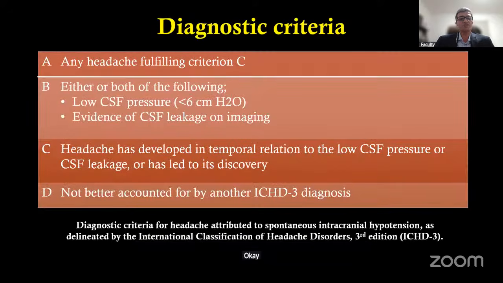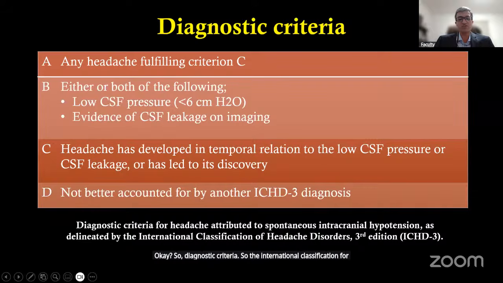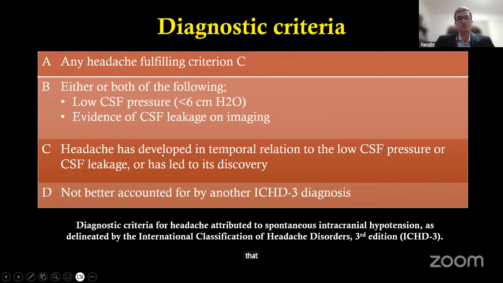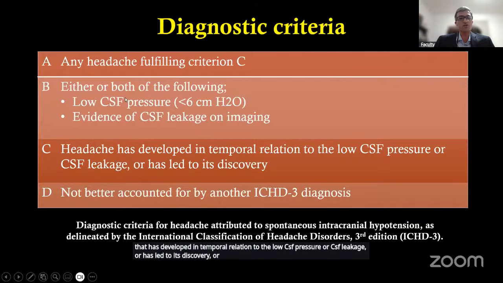Okay, so diagnostic criteria. The International Classification of Headache Disorders, third edition, puts out these diagnostic criteria. A is anything fulfilling criterion C, which is headache that has developed in temporal relation to the low CSF pressure or CSF leakage, or has led to its discovery, with either or both of the following.